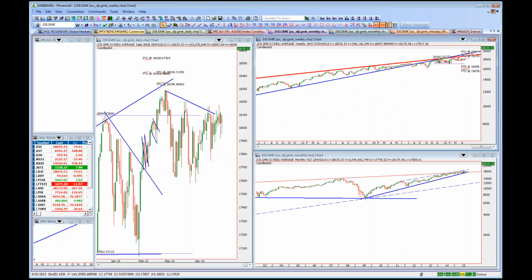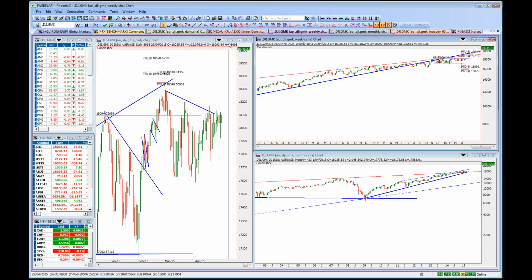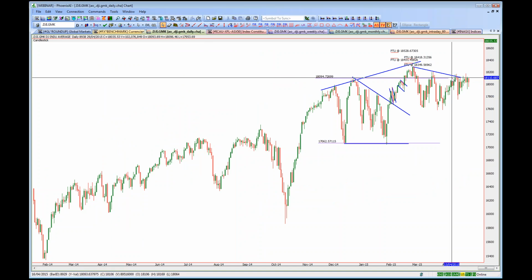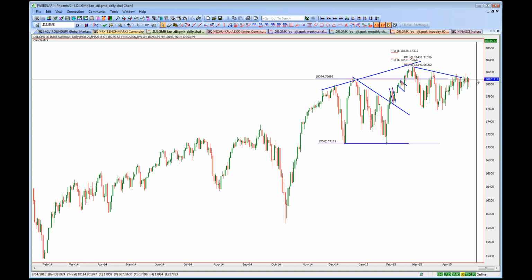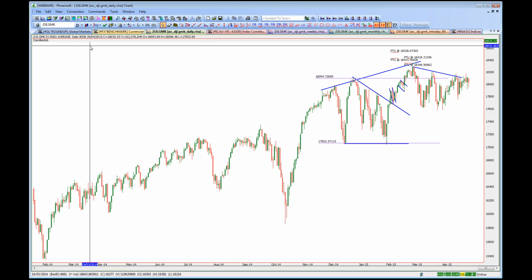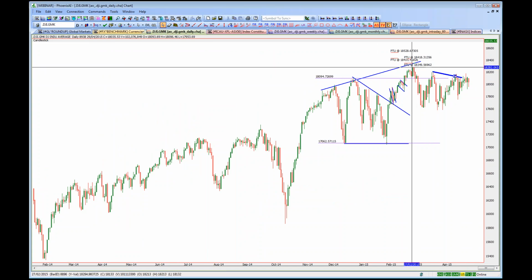Now, looking at the daily, let's have a look at the daily. This is interesting now. Where we are, we can basically continue this line, but I'm going to clean it up a little bit better. Okay. What we have, where are we here? Let's take that, just put it there.